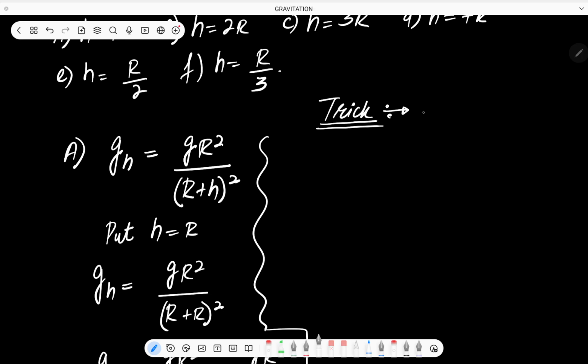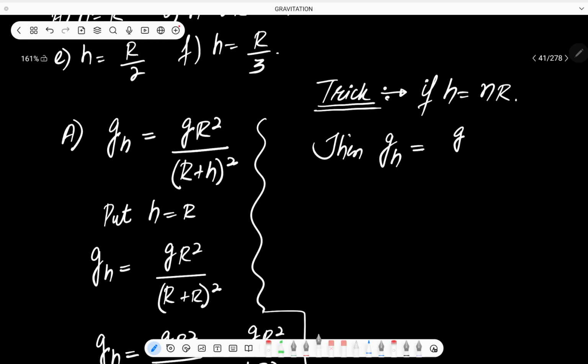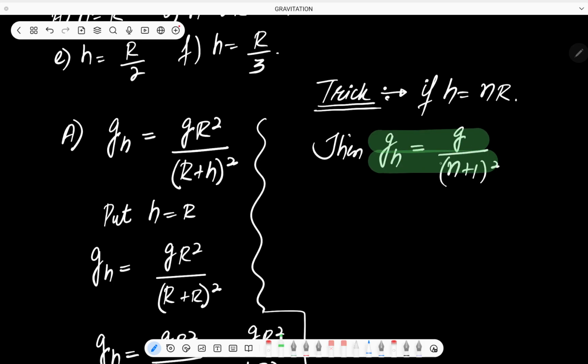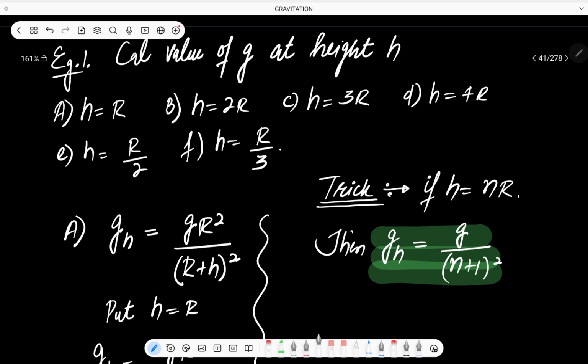Simply, I will write down here: if this h is equal to n times r, where n is the coefficient of this r, then in that very case, my dear students, g_h will be equal to g divided by (n plus 1) whole square. A very important equation, g divided by (n plus 1) whole square. Here this n is simply the coefficient of r.